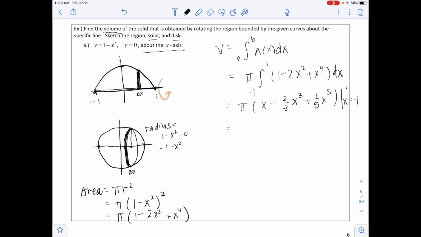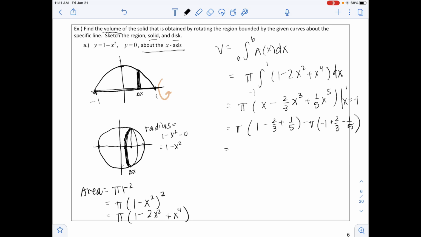You can use some symmetrical ideas to simplify our integral, but I will just go ahead and leave it as this. Substituting in 1, we have 1 minus 2/3 plus 1/5, minus pi, and then substituting in -1, we get -1, and then we're going to have plus 2/3 minus 1/5.